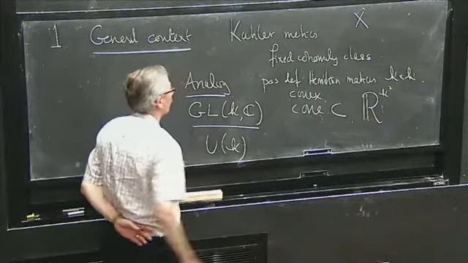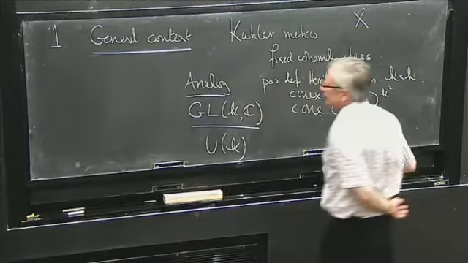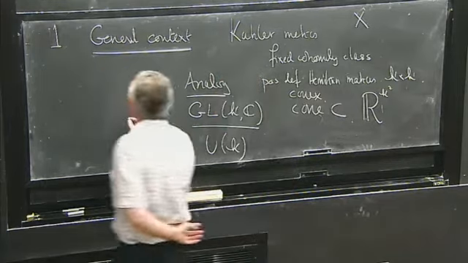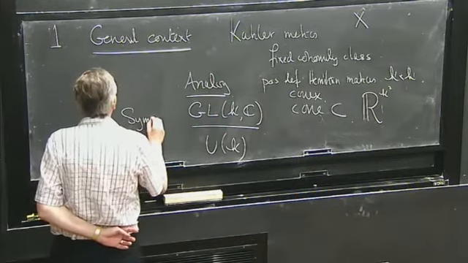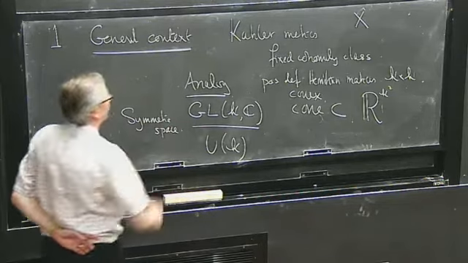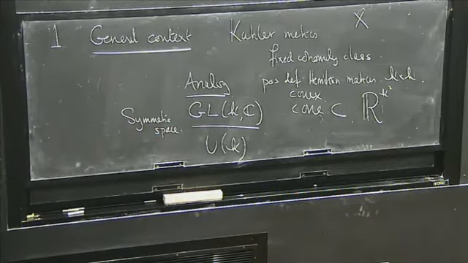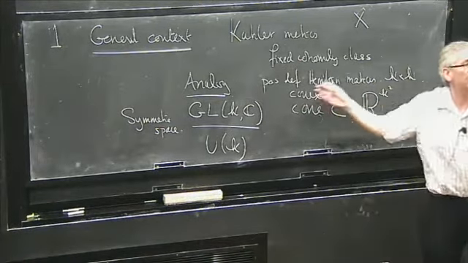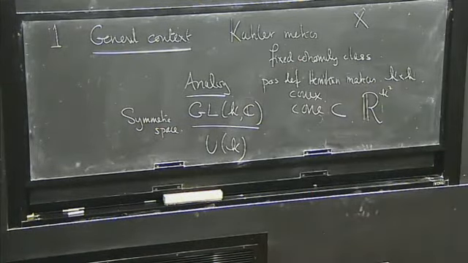So we can also think of this space of matrices as this homogeneous space, and in fact this is a symmetric space. So these are essentially different geometries on the same space of matrices.